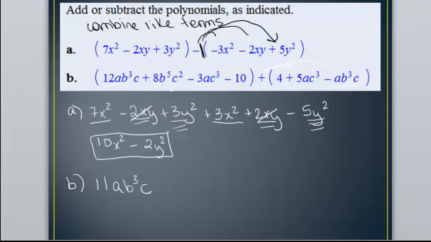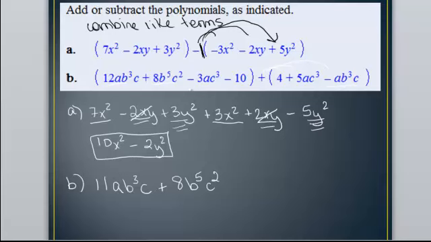Okay, so now we have to look at the next term. 8b to the 5th c squared. Does it have a like term? It does not, so we just bring it down. Plus 8b to the 5th c squared. Okay, so this one is finished. Now we have an ac cubed.